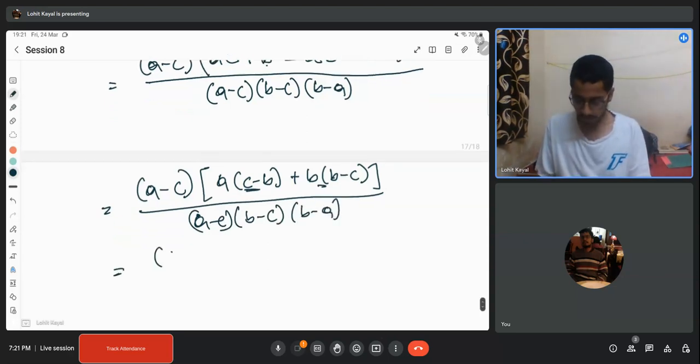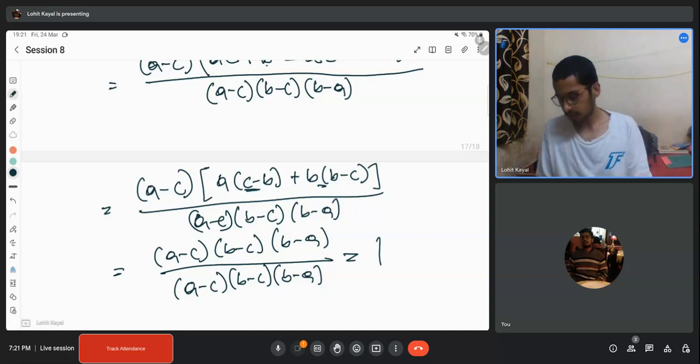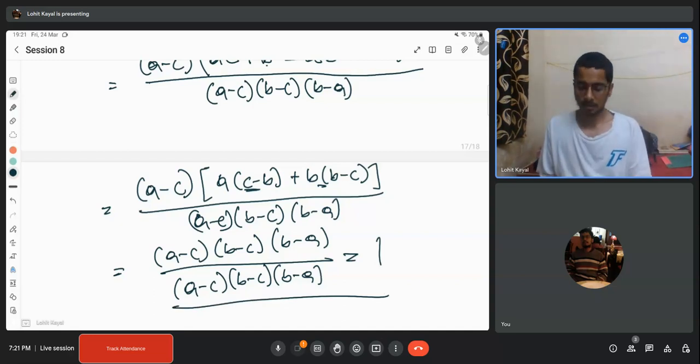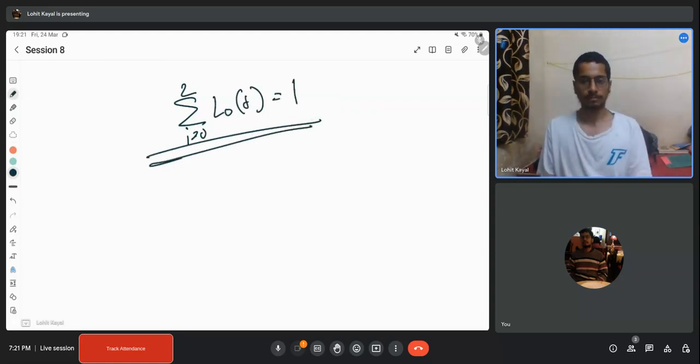If you do some simple algebra, you will find that the numerator is exactly the same as the denominator, and this value is equal to 1. So the summation of i equal to 0 to 2 of L_i of t is equal to 1.